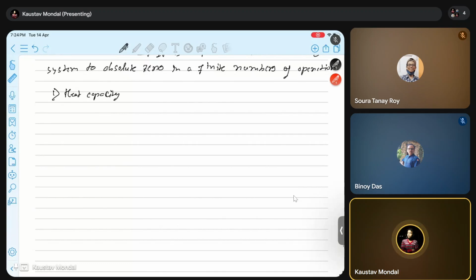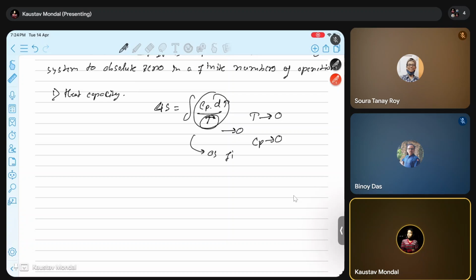We know delta S is the integral of Cp dT by T. If you make the temperature go towards zero, the denominator also tends to zero. In that case, the entropy would become infinite. To prevent that, Cp also has to tend to zero.